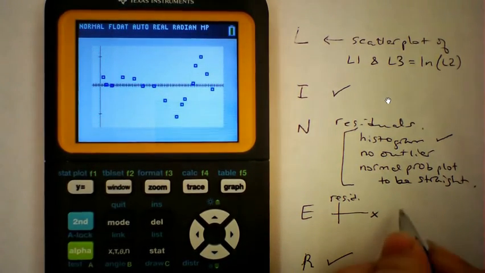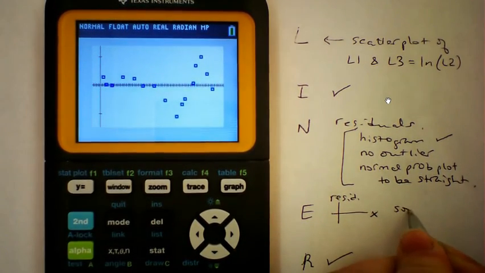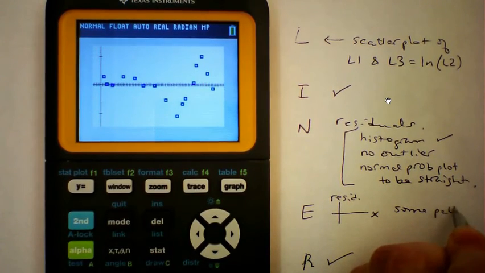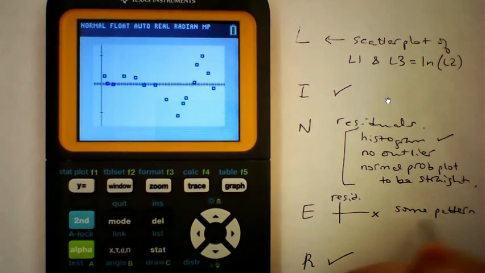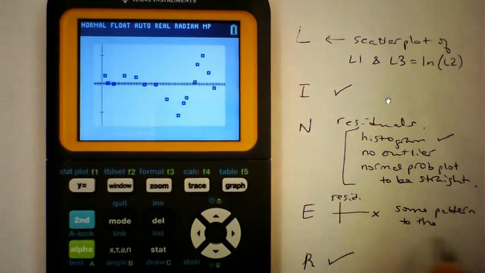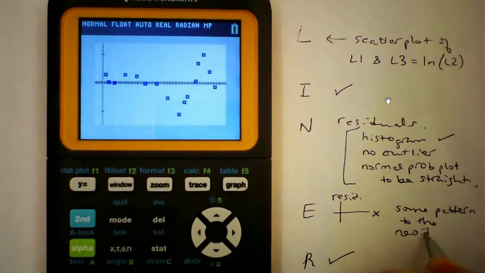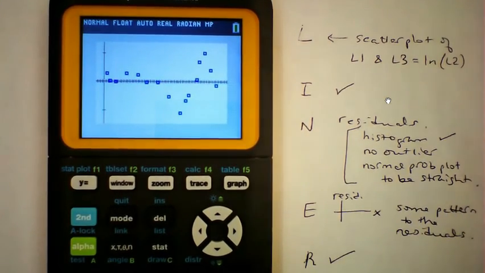You know, there does appear to be some patterning to this. Which would really support the idea that I said I wouldn't want to use this model for any kind of extrapolation, because this model does seem to have some issues.